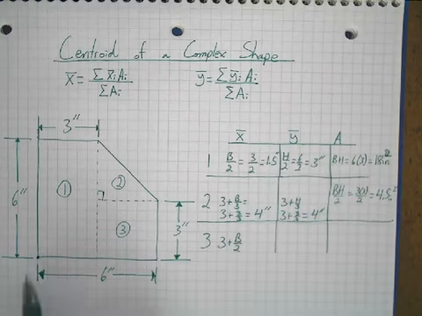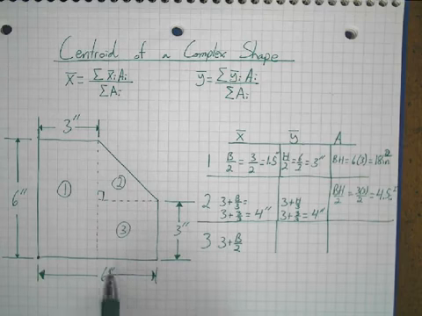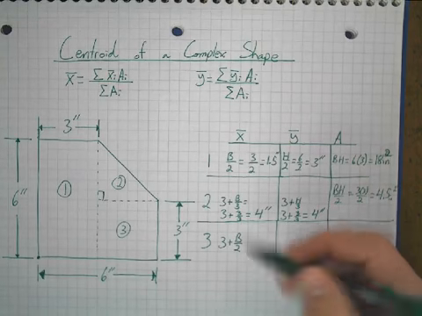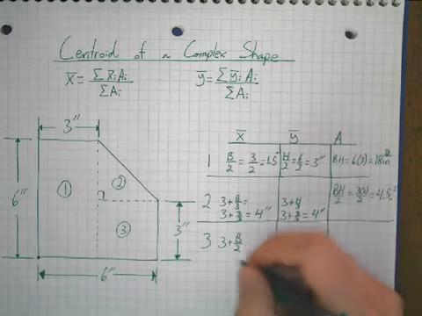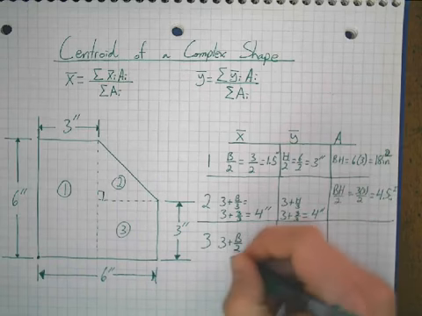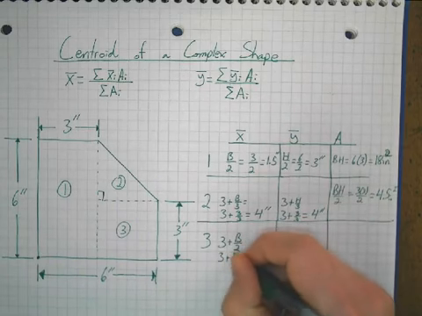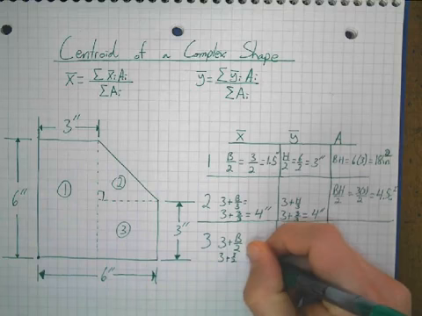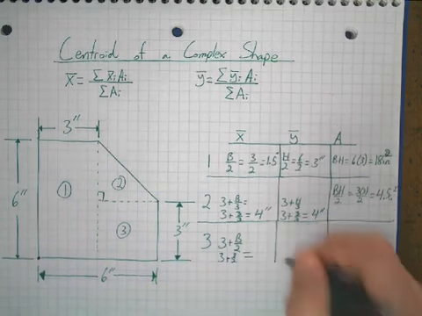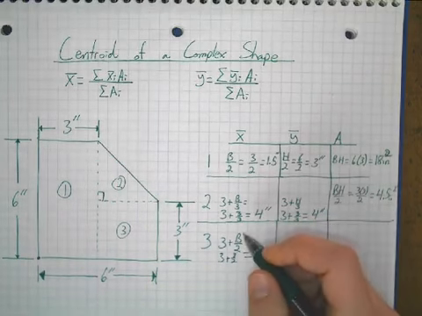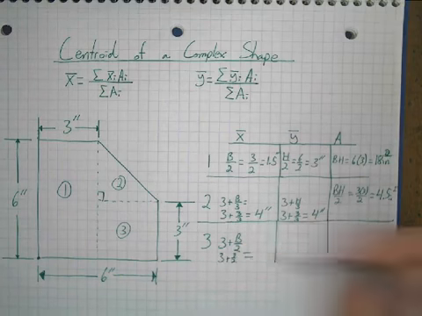Since this overall is 6, and I'm starting at 3, I know that the base of my third shape has to be the same as the base of my triangle, which is 3. So I have 3 plus 3 over 2.